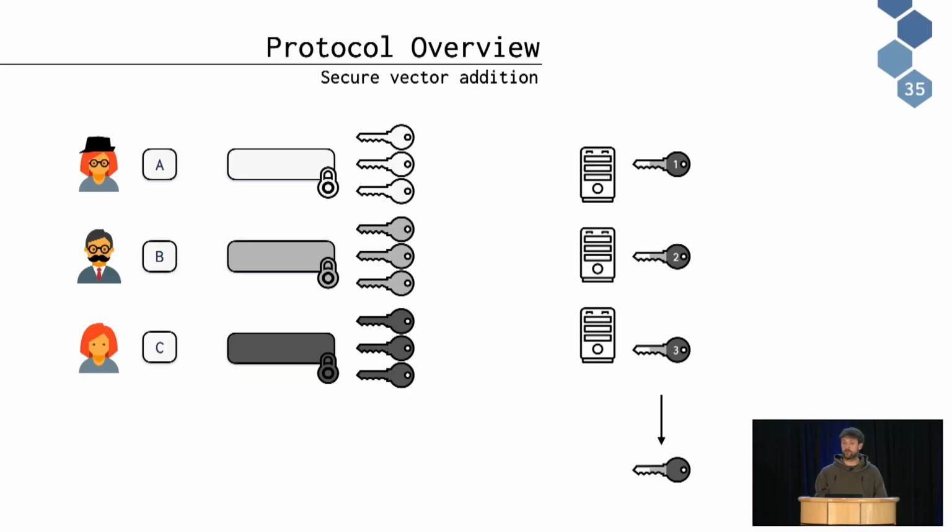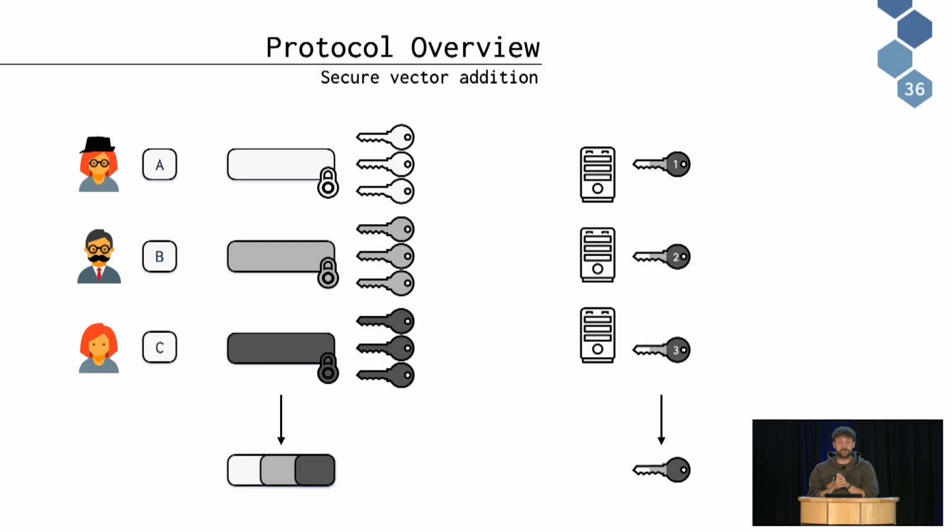And we use a special type of encryption scheme that has the nice property that if I take a bunch of ciphertexts, encrypted under different keys for encrypting different messages, and I just compute their sum, then it happens to be an encryption of the sum of the messages under the sum of the keys.